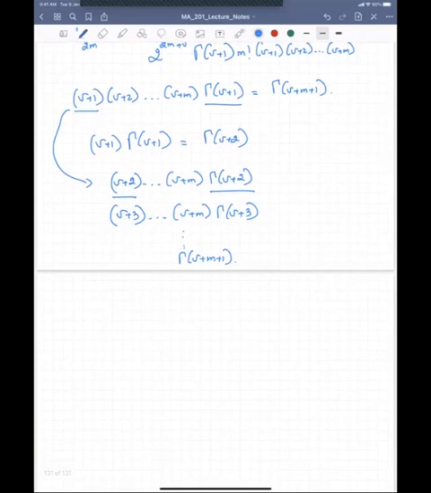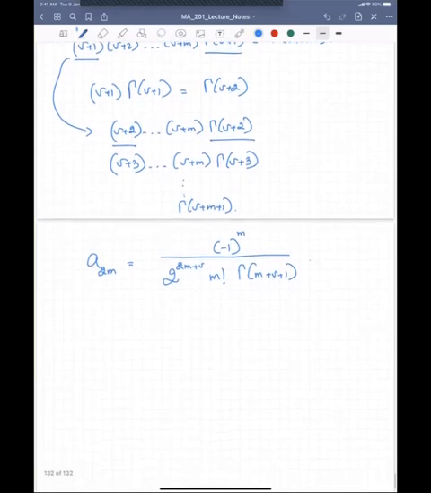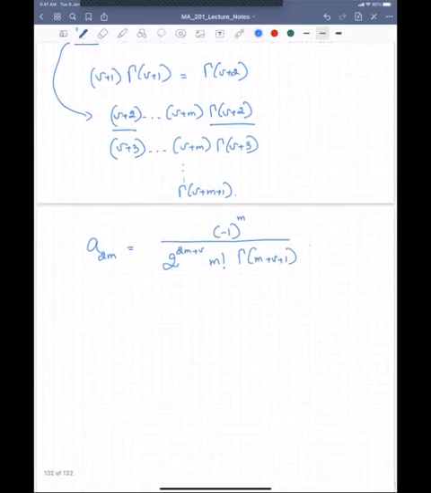So putting everything together, you finally have your coefficients, the even coefficients again, which is now given by minus 1 to the m over 2 to the 2m plus nu, m factorial, gamma m plus nu plus 1. Okay. So now that we have the coefficients, we have the series, and this series I'm going to call J_nu of x.